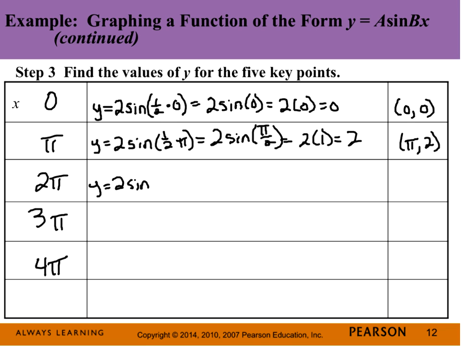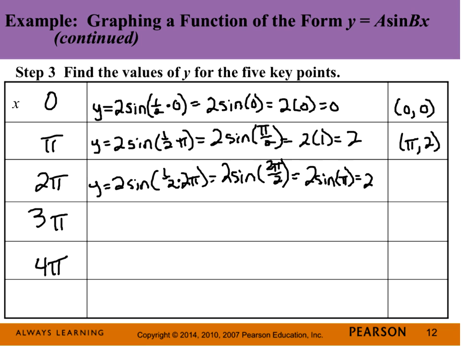Y equals 2 times the sine of 1/2 times 2 pi. So that's 2 pi over 2, which is the same thing as pi. The sine of pi is 0, so that's 2 times 0, which is 0. So we have the point 2 pi, 0.